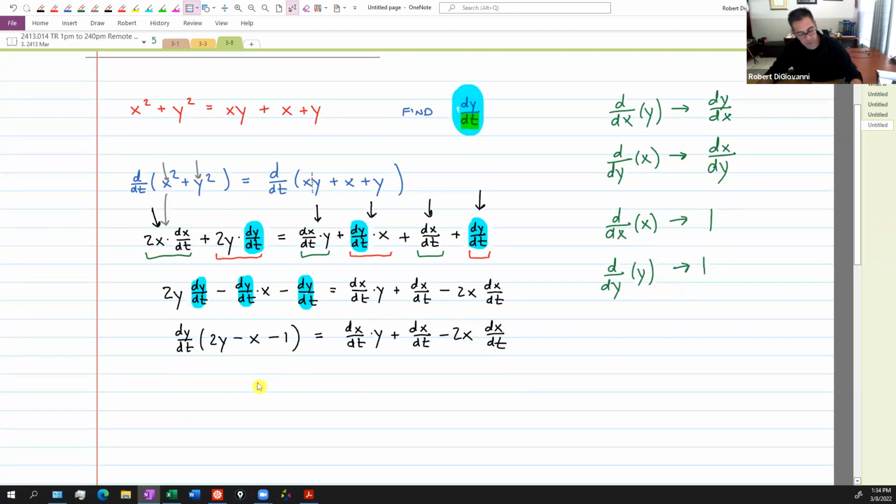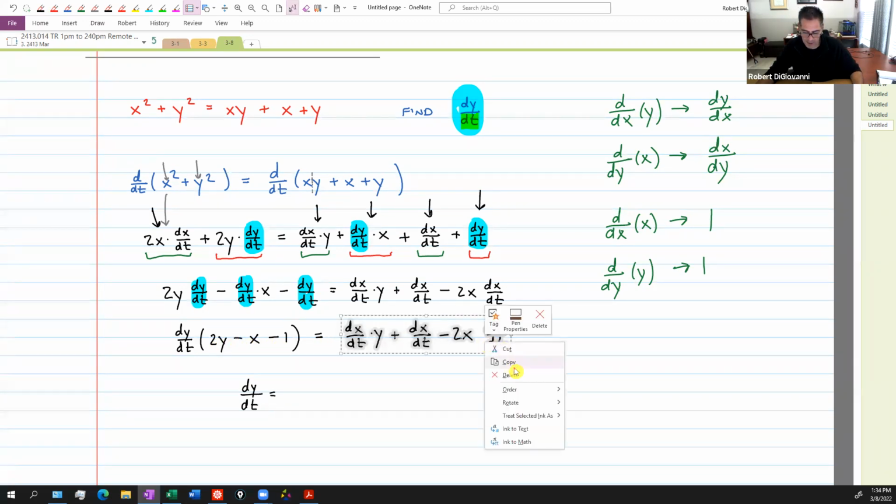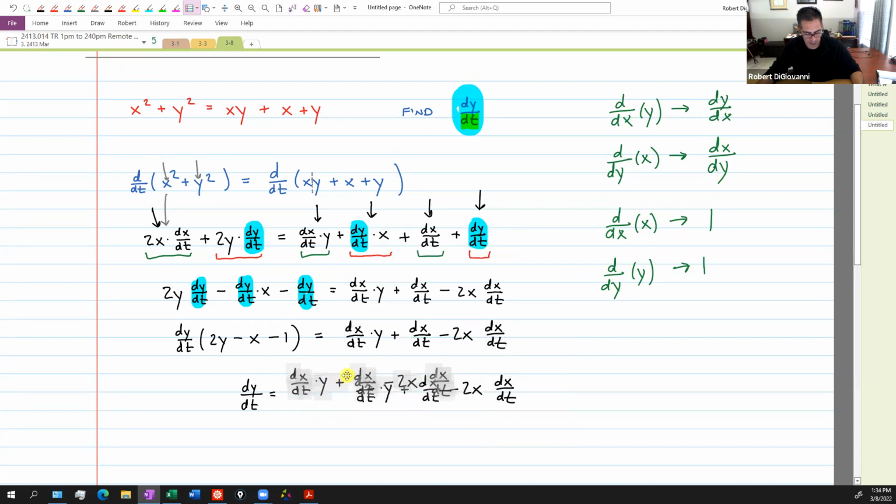And same story we did before, I'm going to divide both sides by that 2y minus x minus 1. So I'm going to cheat here. I'm going to copy this, paste it here. I'm taking that entire thing and dividing it by 2y minus x minus 1. Okay. That's our answer.